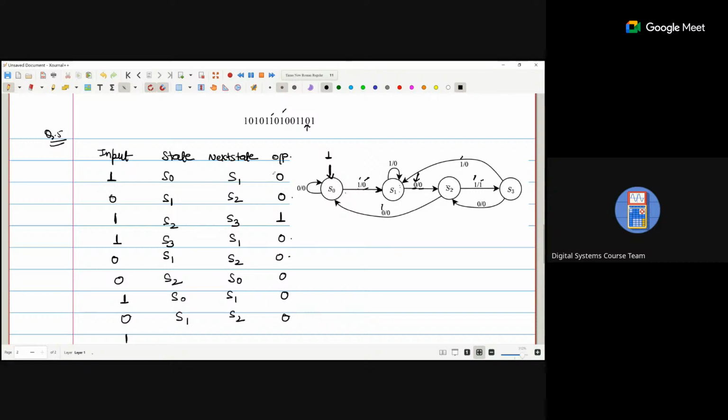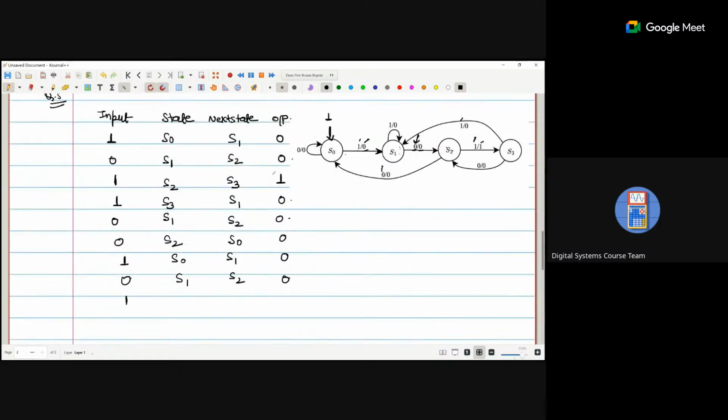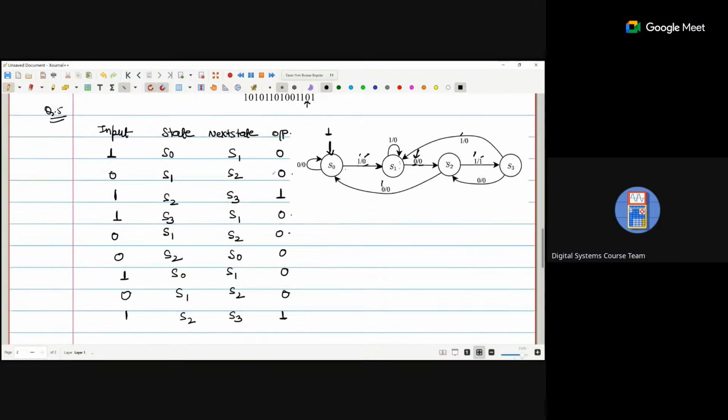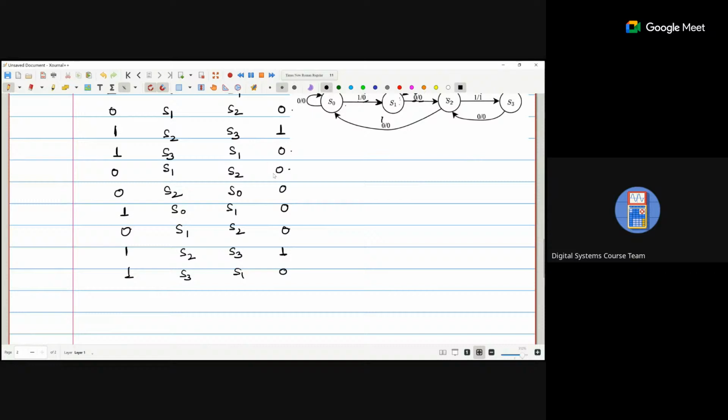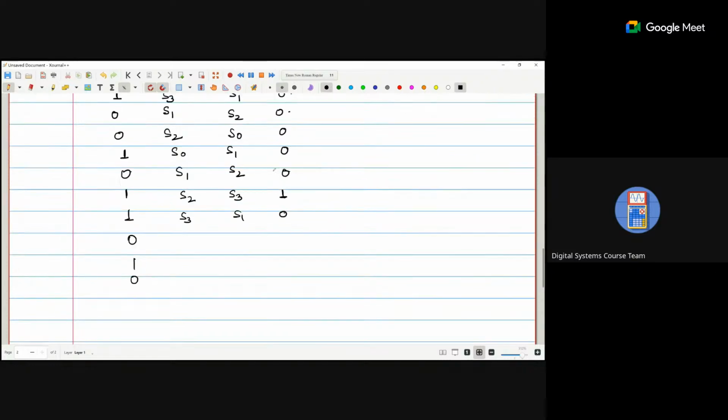Then 1 is coming. Present state is S3, output is 1. Then one more 1 is coming. Next state is S1 and output is 0. And 0, 1, 0, 1 is coming.